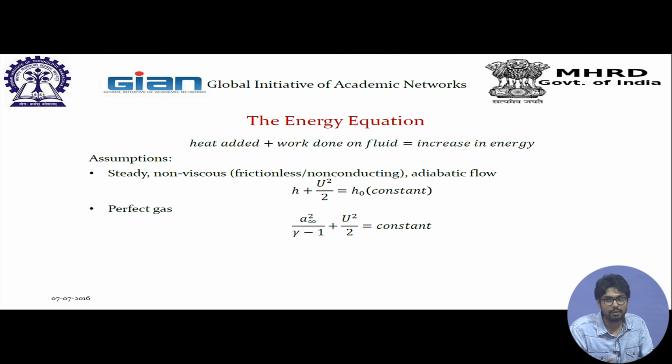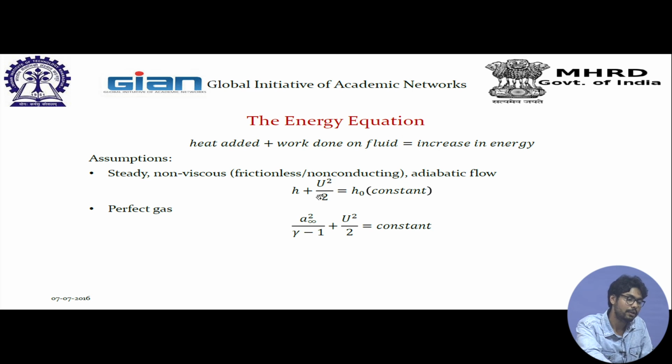Now, when we derive all those supersonic equations, the main equation that forms the basis for all derivations, which is why I have added it in the slide, is the energy equation, where the heat added plus the work done on the fluid gives the increase in energy of the fluid. If you assume the flow to be adiabatic along with steady and non-viscous, the heat added part becomes 0. What remains is the work done on the fluid, which gives us the increase in energy.